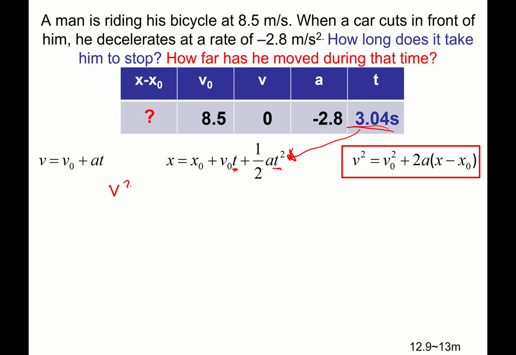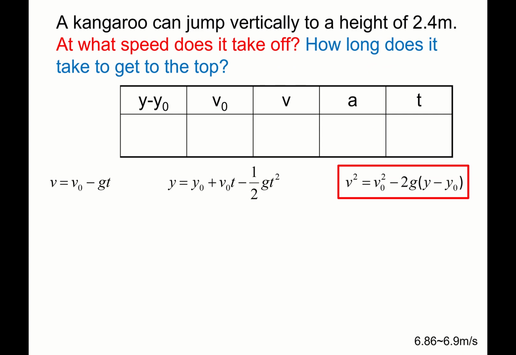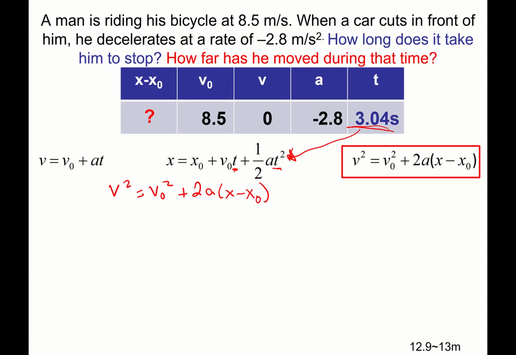So I've got v squared equals V0 squared plus 2a times x minus x0. And if there's one equation that students have problems rearranging, it's this equation. For this equation, I want to get the x minus x0 out of there. So the first thing I have to do is isolate the part of the equation, the 2a times x minus x0, that has the thing that I want in it.